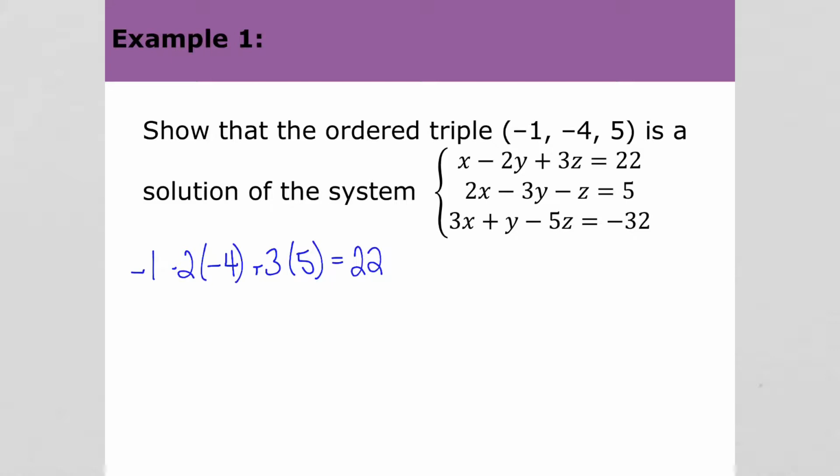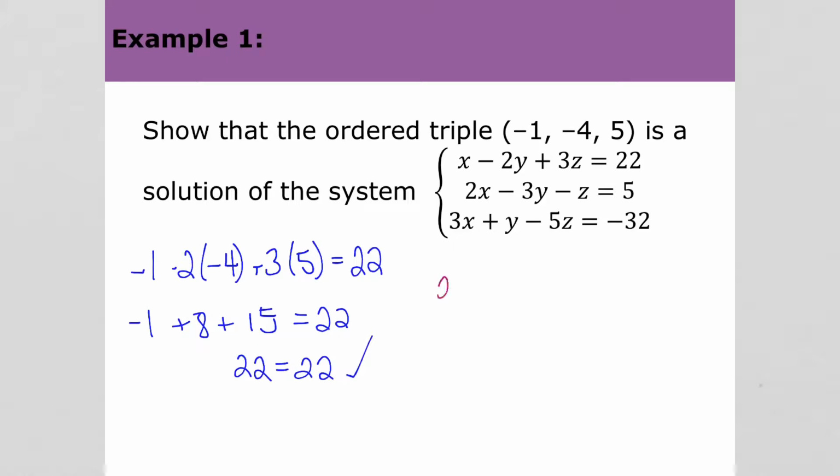So we've got negative 1 plus 8 plus 15, and that is, in fact, equal to 22. So the first one, we're all good.